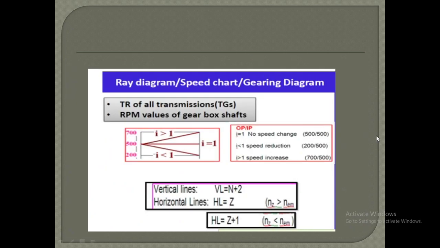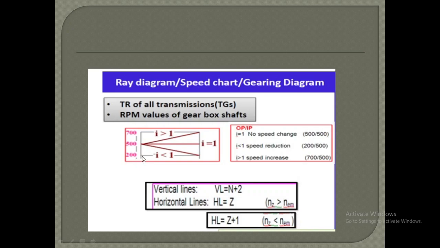Then we will see how to construct the ray diagram. See, there you have the transmission group. Here I have taken one example. Here we have I greater than 1, I less than 1, and I equal to 1. There are three transmission lines: I greater than 1 having the value 700, I equal to 1 having the value 500, and I less than 1 having the value 200.